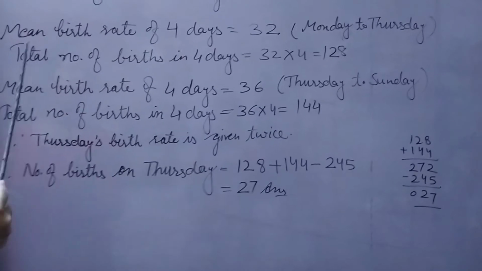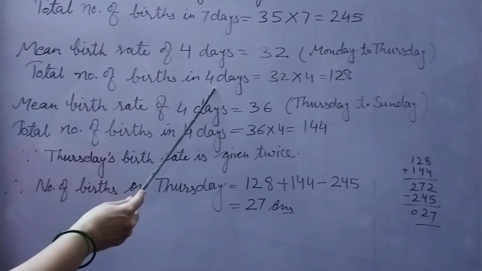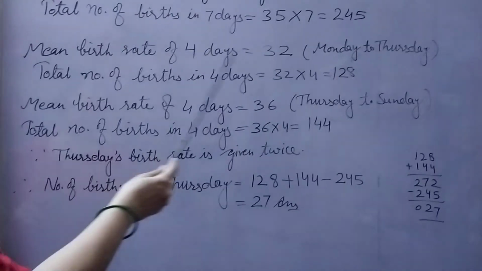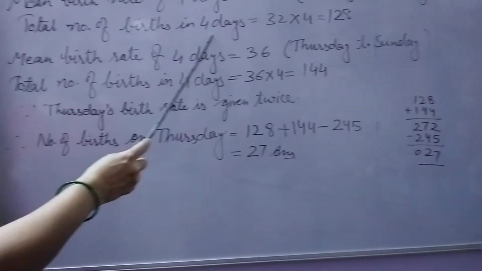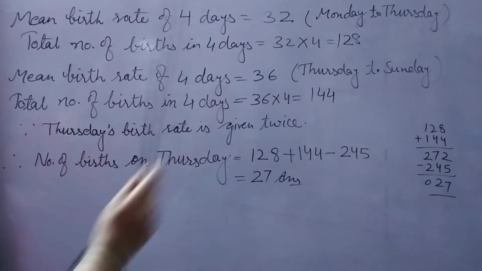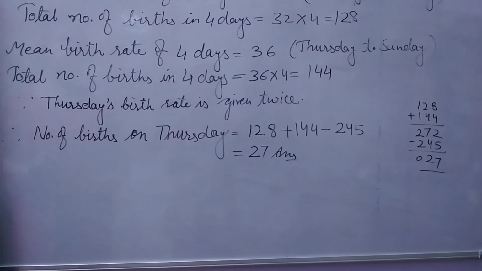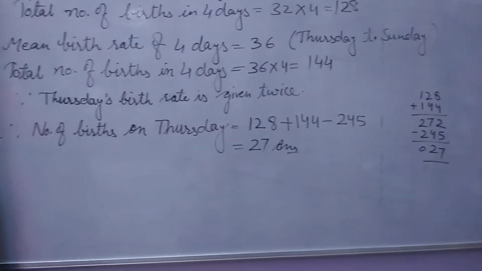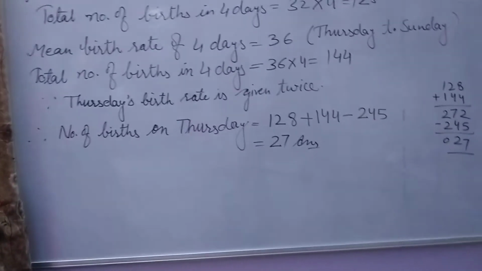You can find total number of births in 4 days. By multiplying these two, we can get total number of births in 4 days, from Monday to Thursday. Clear? 128 we got.